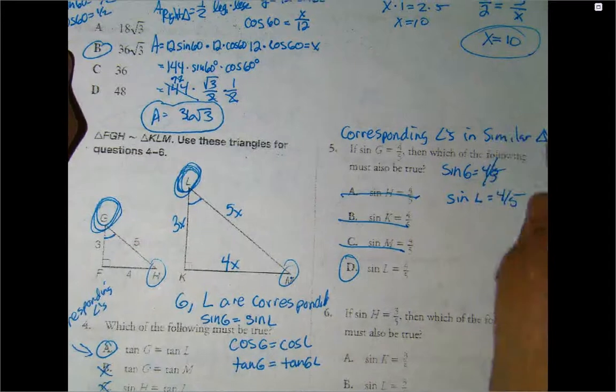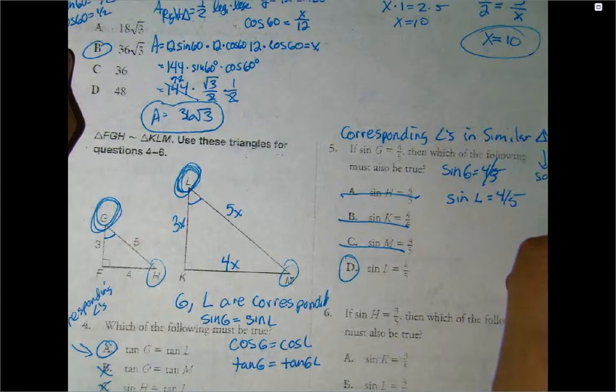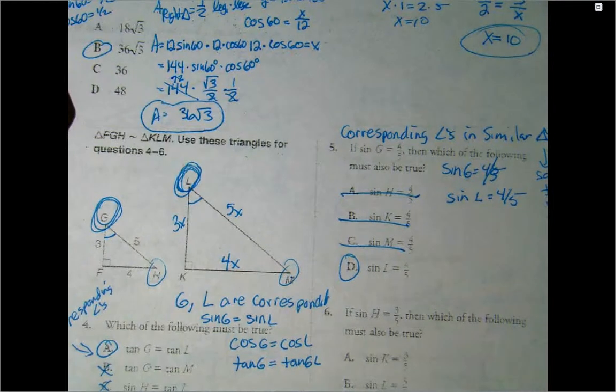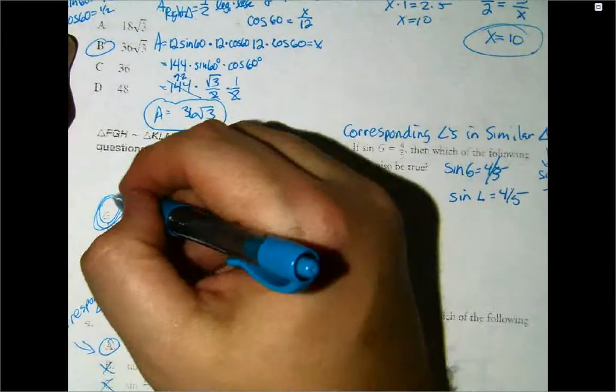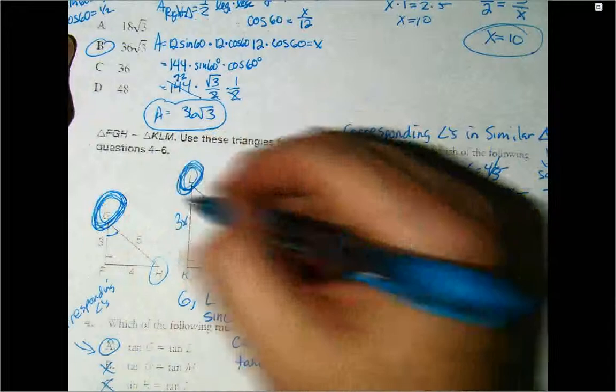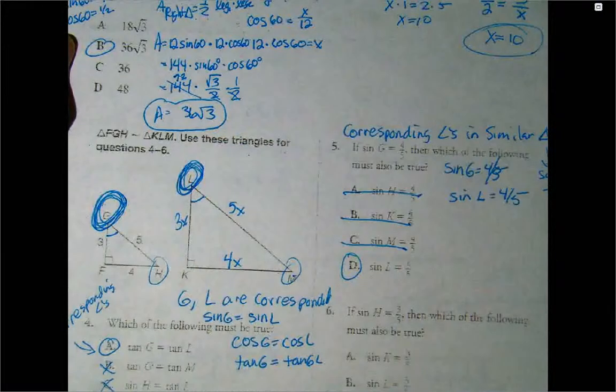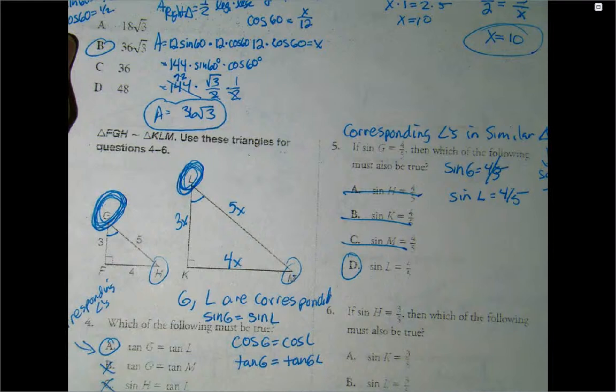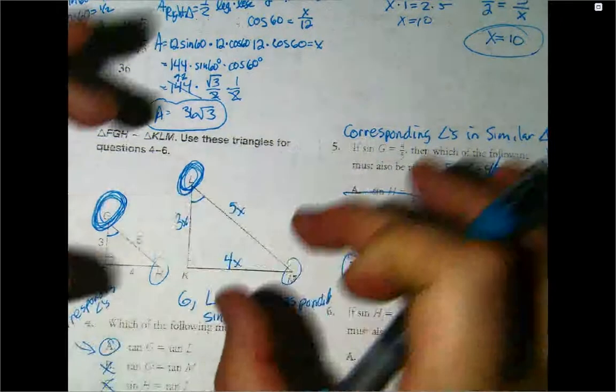Because I looked at G and L, and in the triangle they're the same. I mean, if this one would blow up and be put right on top of the other one, G would be put on L. And so I know G lines up with L. And over here, also in the name, G lines up with L. So the name tells everything.